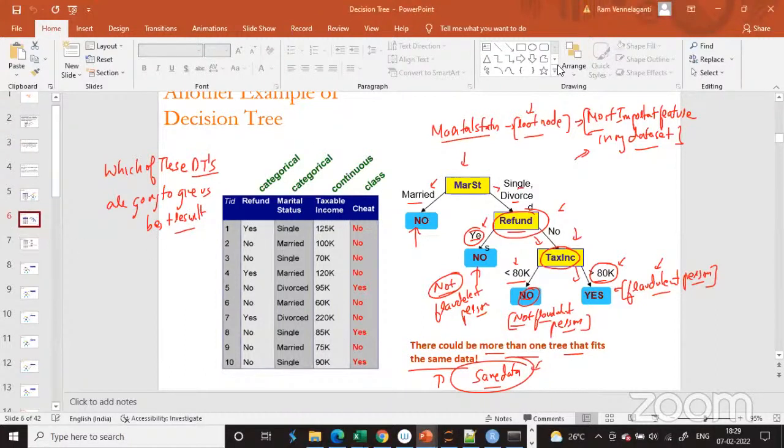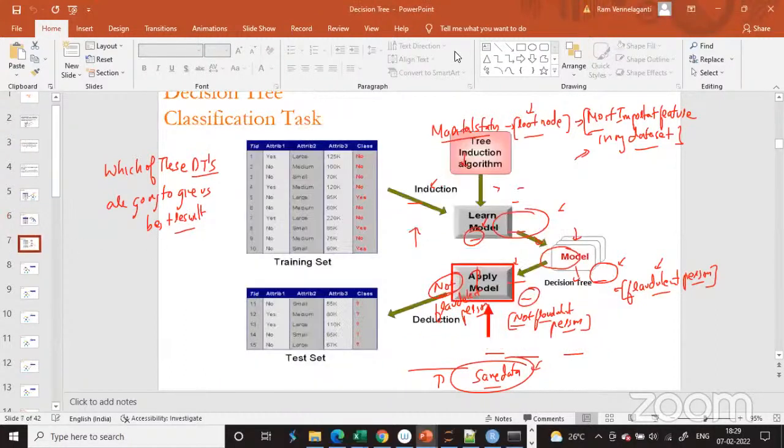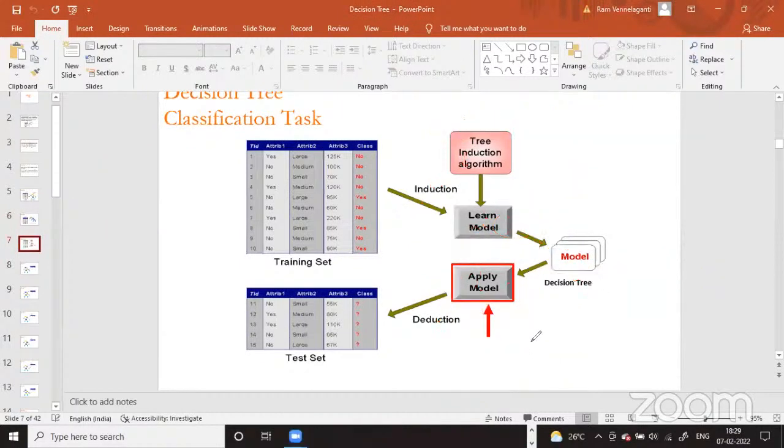So, experiment with these decision trees. Try out different decision trees, decision tree 1, decision tree 2, decision tree 3, with different root nodes on your model.